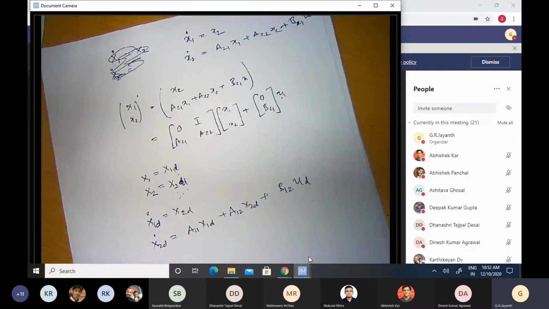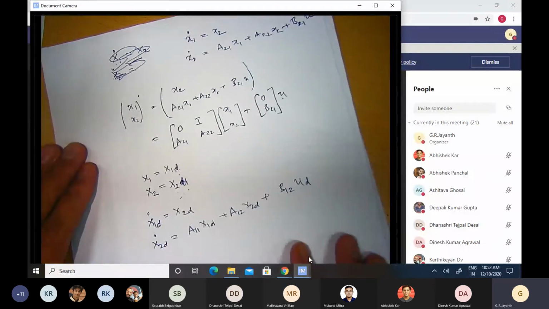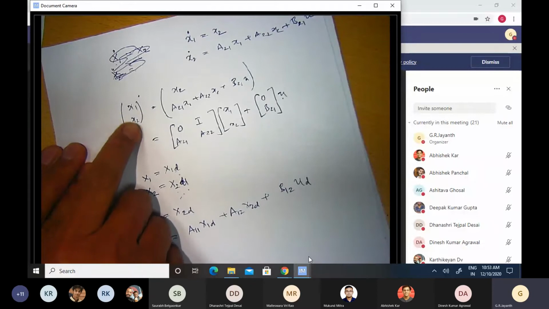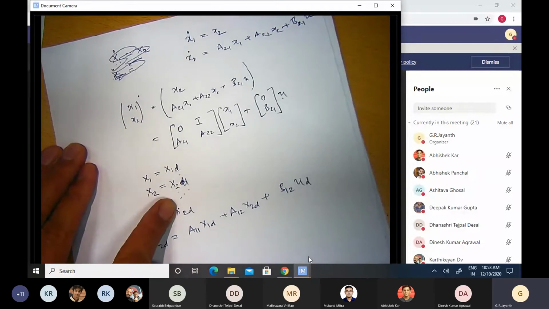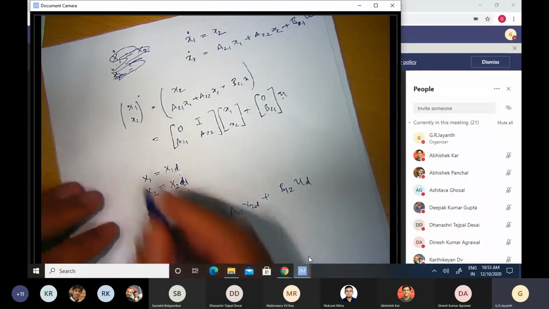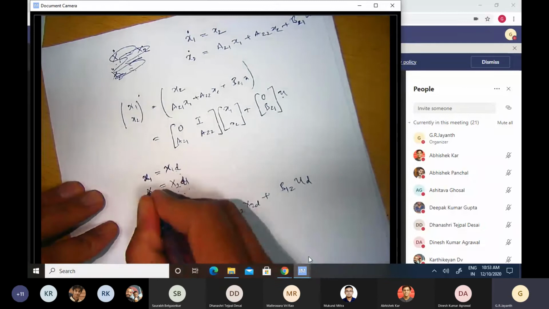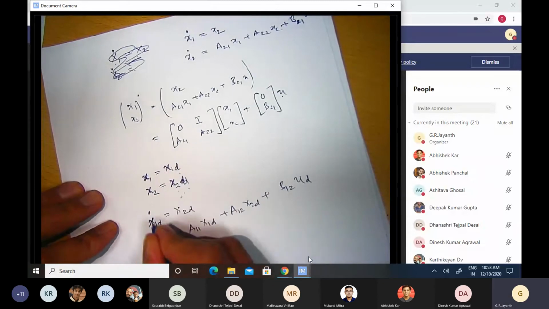This is a first case, and it is not going to be the end of our attempt. It turns out that this will only work partially, but not always. But as a first attempt to get our states x1 and x2 to become x1d and x2d, I'm abusing notation; these are all small x's, deviations from the equilibrium point.